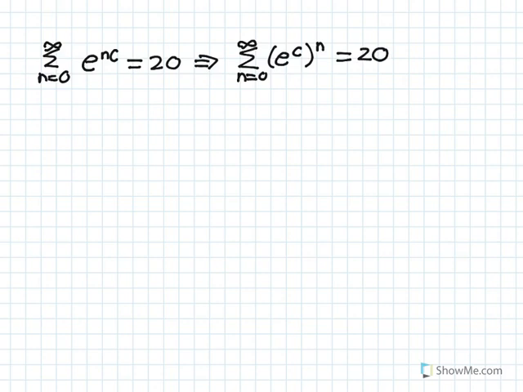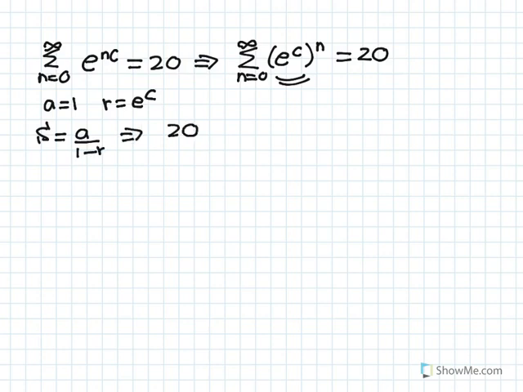The reason we rewrite it in this form is because we want to show the common ratio, r equals e to the c. So we have a equals 1, that's the first term, and r equals e to the c. Now the sum of a geometric series is equal to a over 1 minus r. So the sum is given as 20 is equal to the first term, 1, divided by 1 minus the common ratio, which is e to the c.